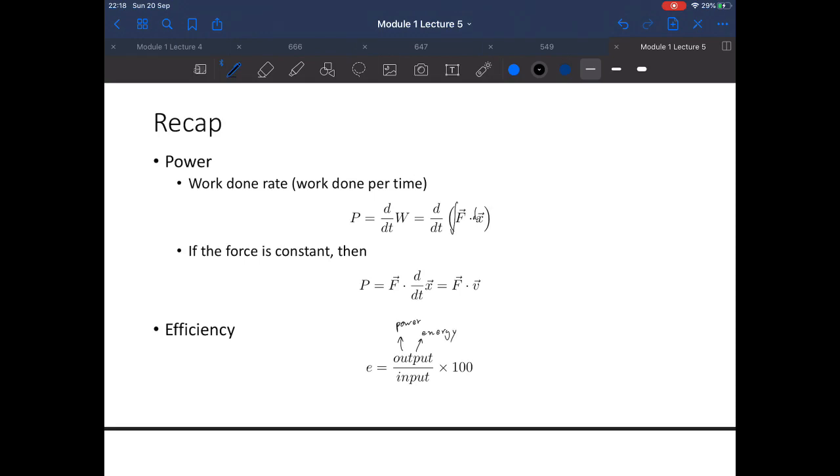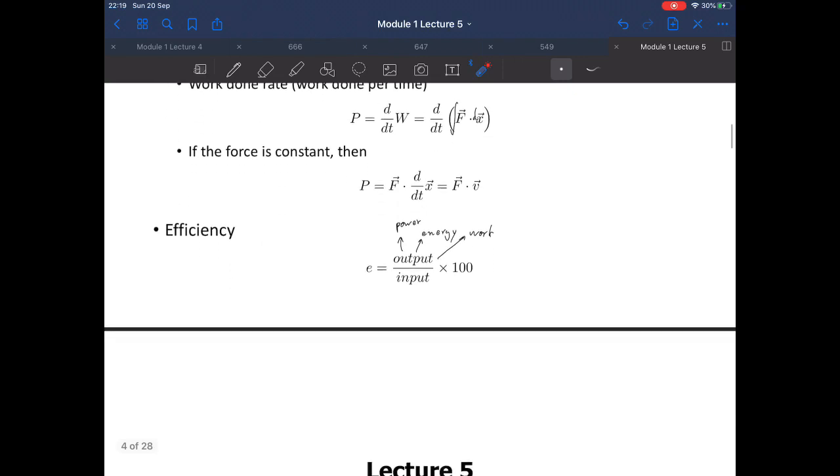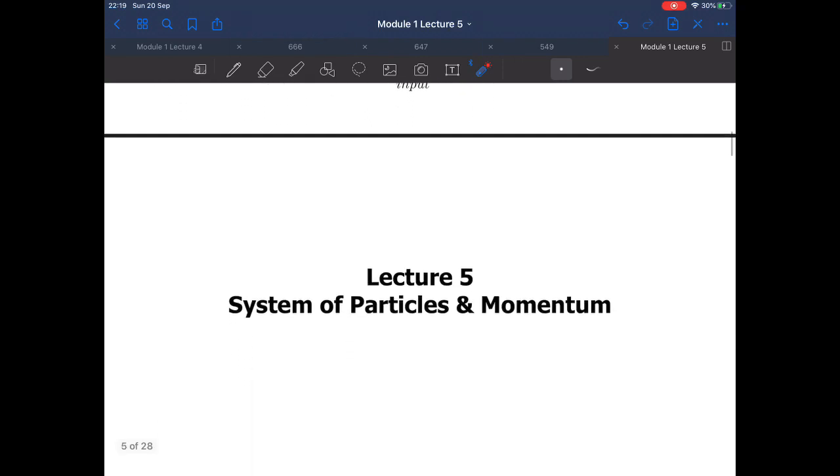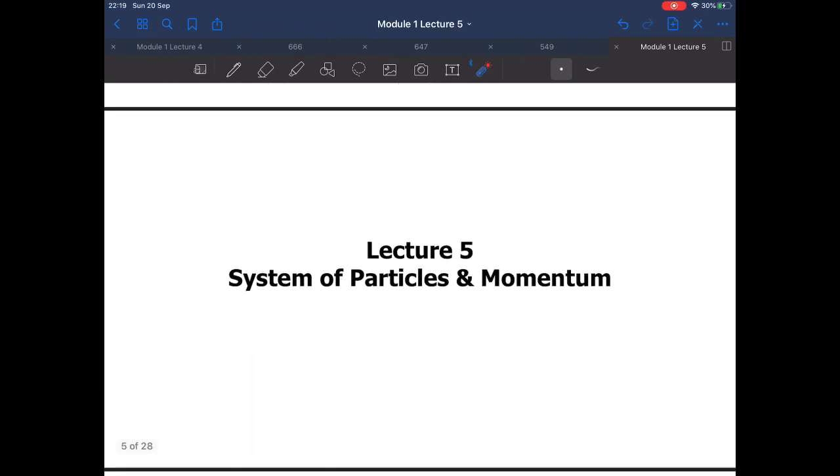As long as you choose the same thing as the output and the input. So for example, if you choose power, this would be power output and power input. If you choose energy, this would be energy output and energy input, something like this, and you get the same value of efficiency. Okay, and so that's it for the recap from lecture 4.